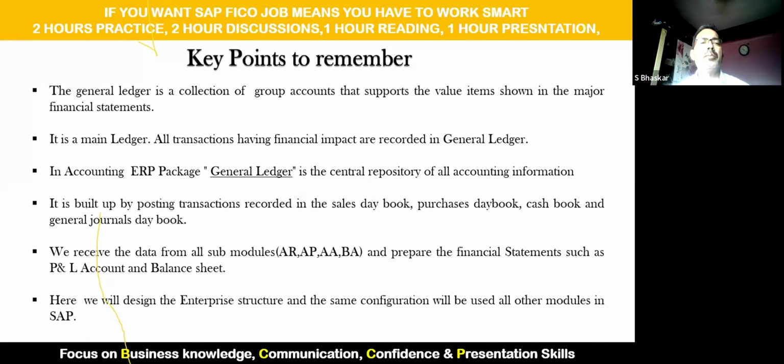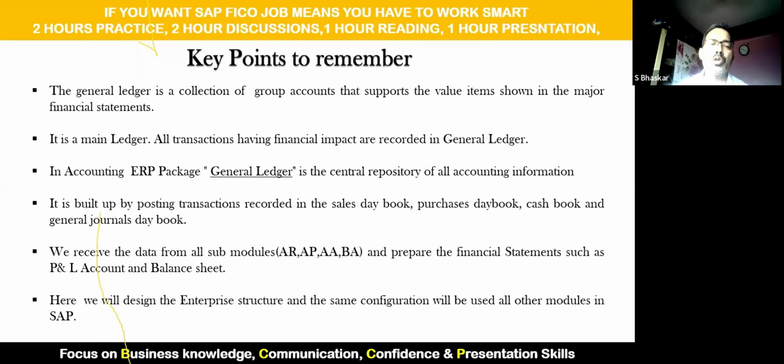The key points you need to remember: general ledger accounting is a collection of a group of accounts that supports the value items shown in the major financial statements. It is the main ledger; all transactions having financial impact are recorded in general ledger accounting. In an accounting ERP package, the general ledger account is the central repository of accounting information.